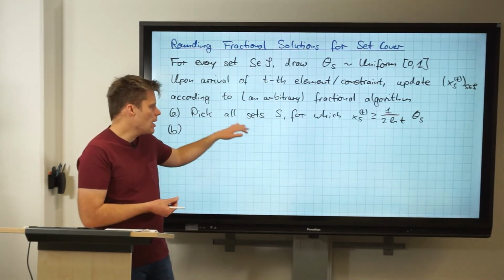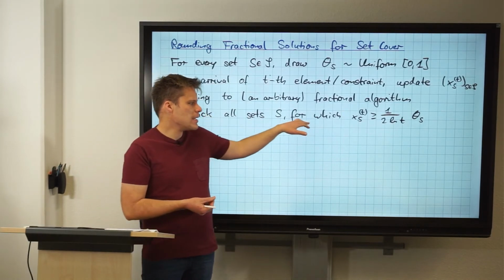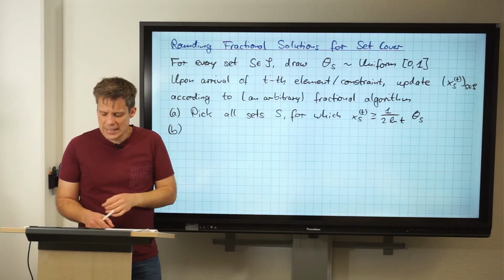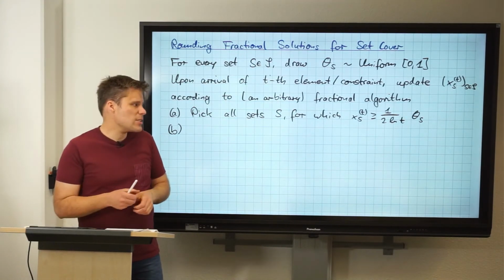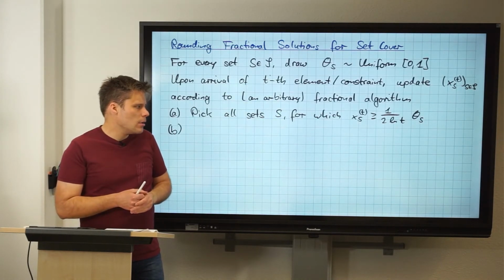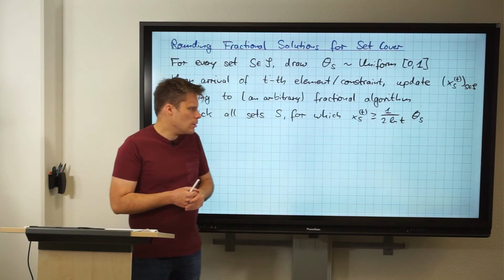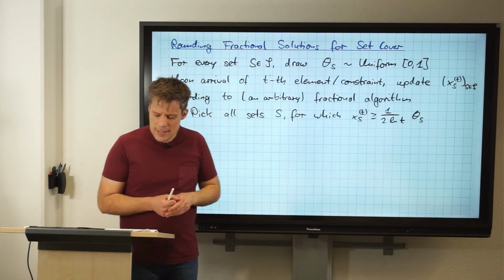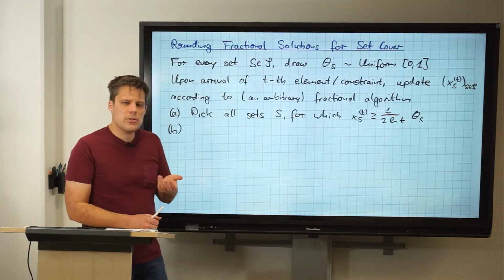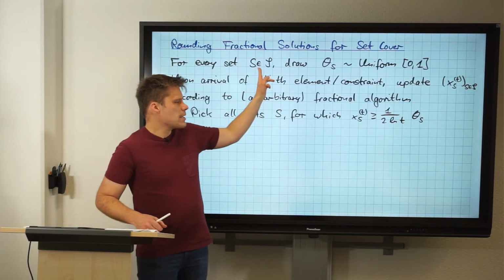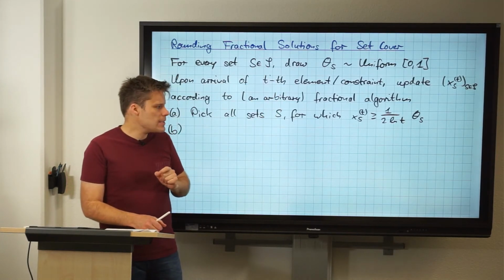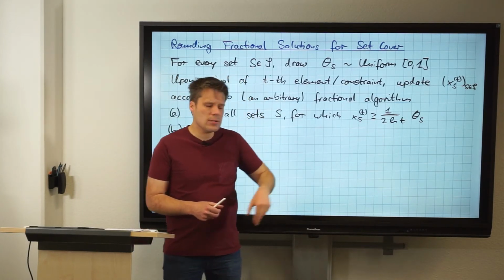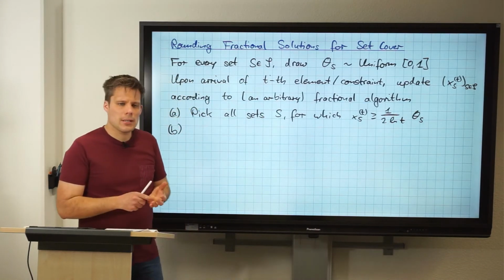We don't really care. What we now do is we pick all sets S for which the respective fractional variable is at least 1 over 2 times ln t times theta_S. So this theta_S is the respective threshold for the set S, and if the fractional variable now exceeds a scaled down version of the threshold, then we pick it.